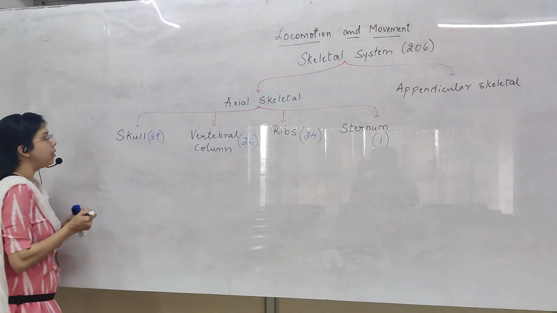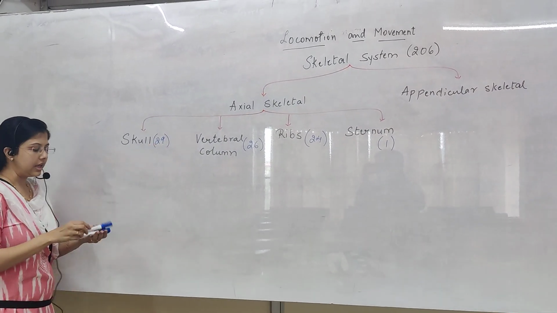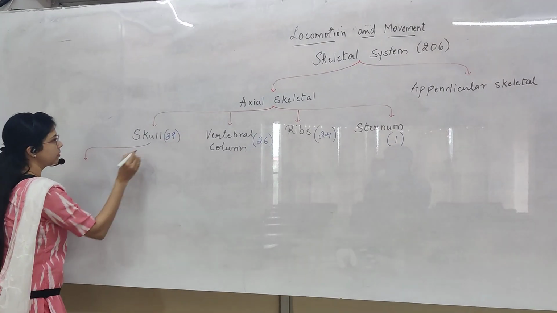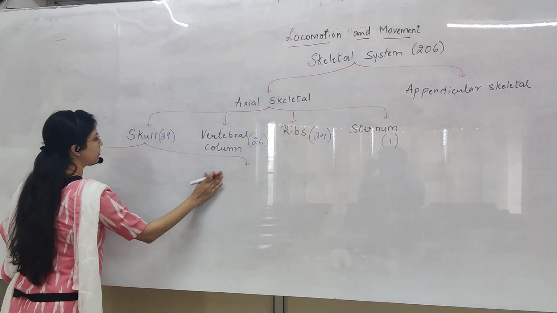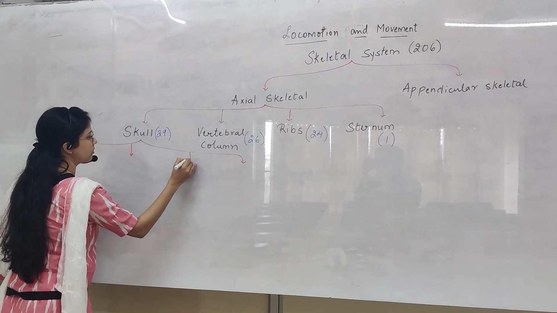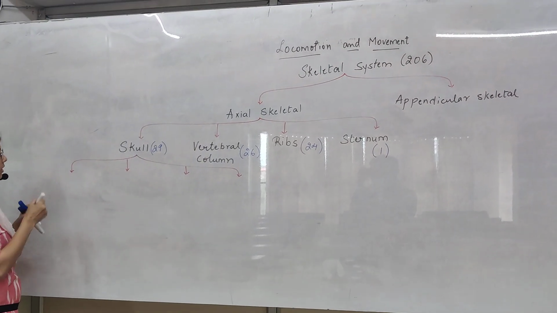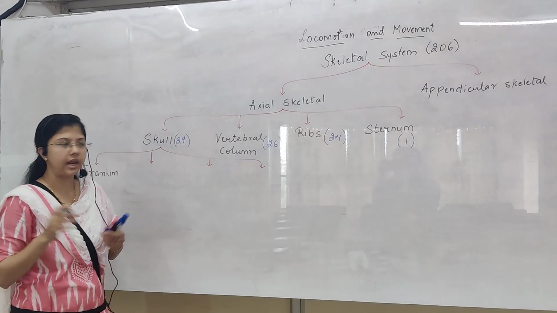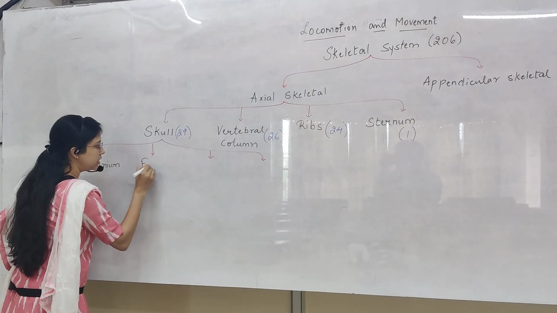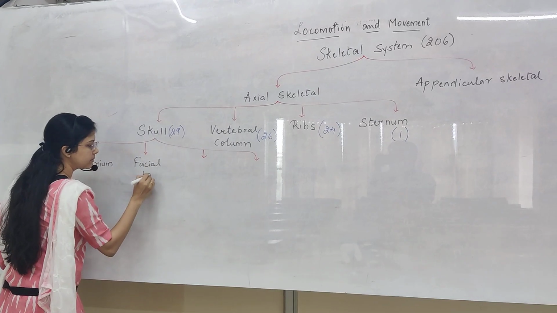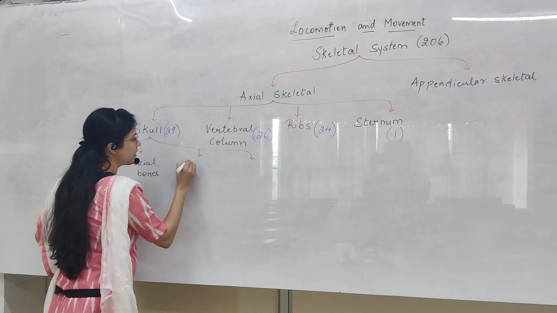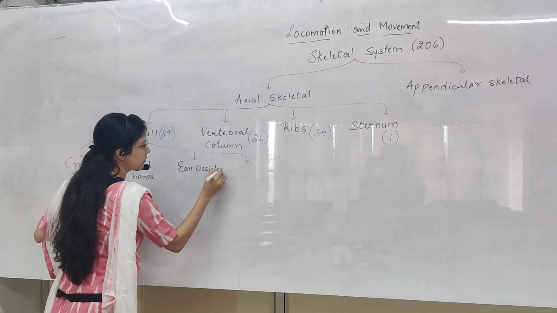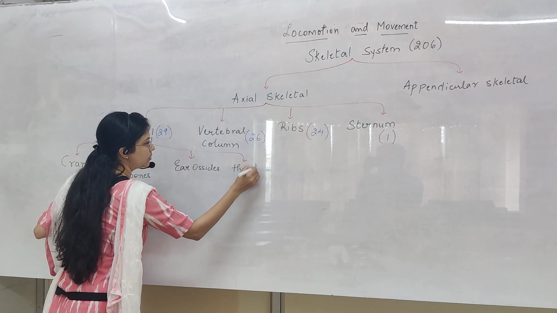Now, these 29 bones of the skull can be distributed as the cranium, that is the box which protects the brain, then the facial bones, the ear ossicles, and the hyoid bone.